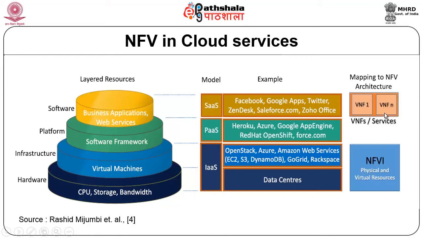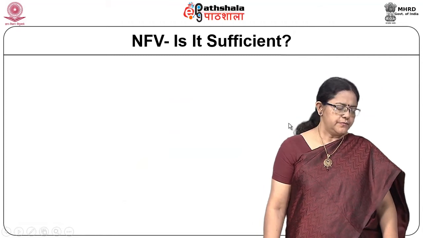Each of these VNFs will virtualize some network function, and putting them together we have the MANO, which will help them to be put together, connected together and make the useful or required mechanism.